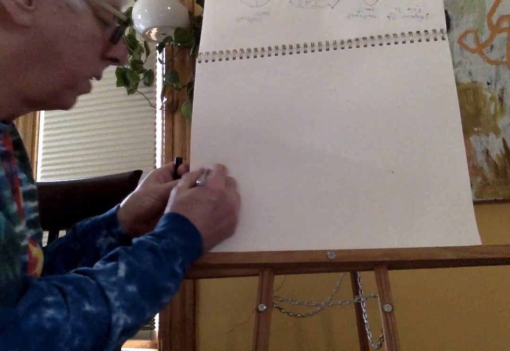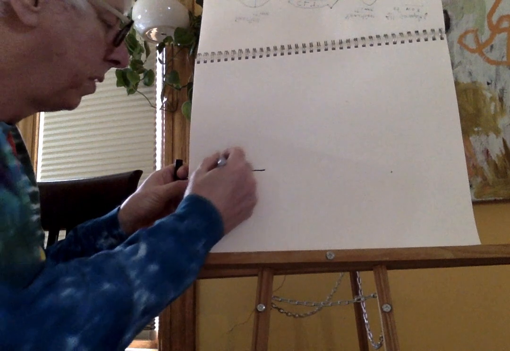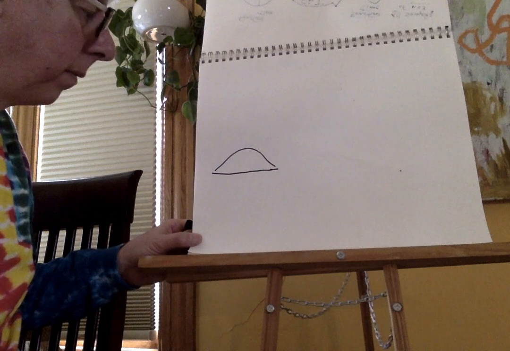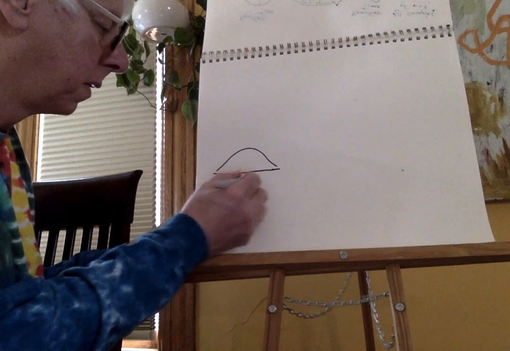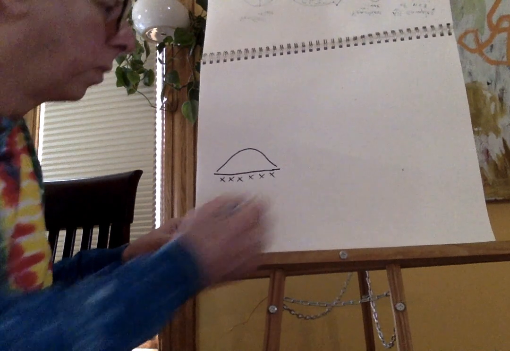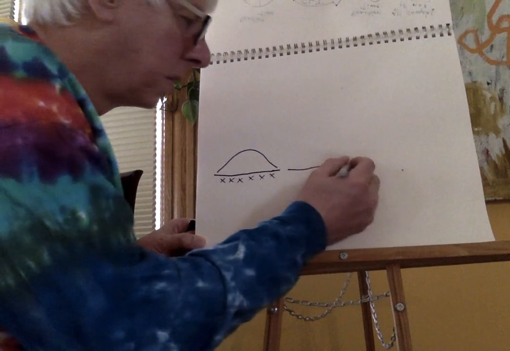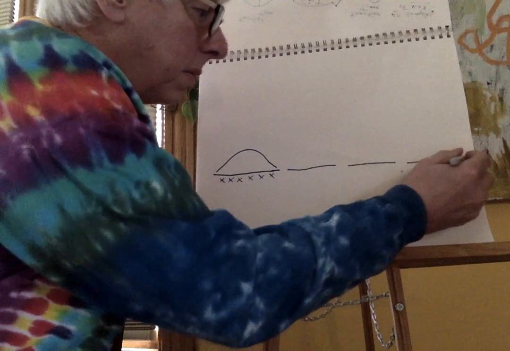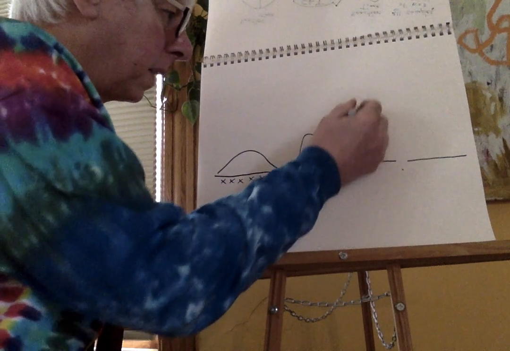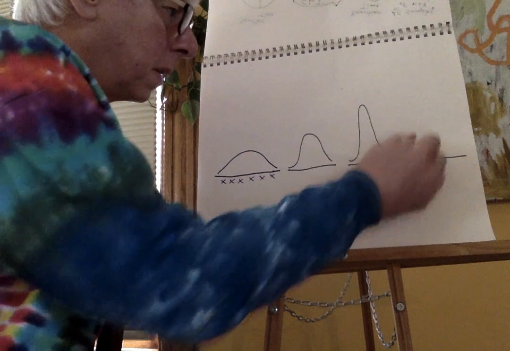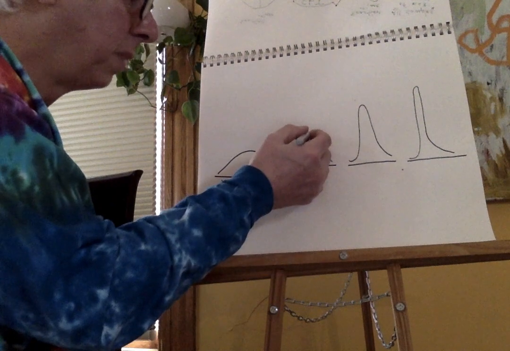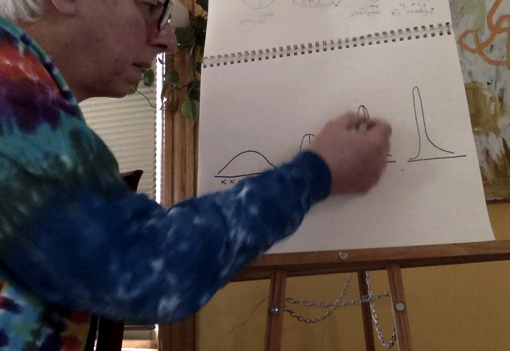So if we start with a distribution that looks like this, okay, these are x values. Once we start taking samples, I'm just cleaning up what we did before. We start seeing something like this. These will all be the same mean.